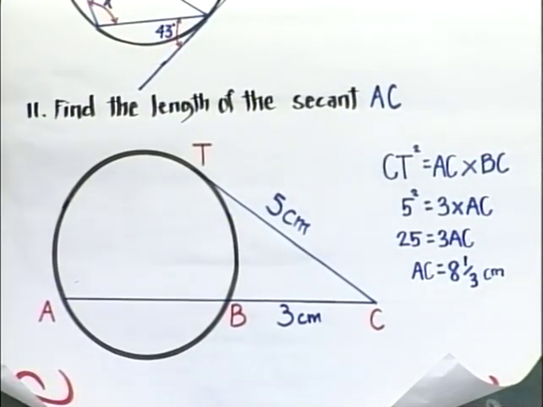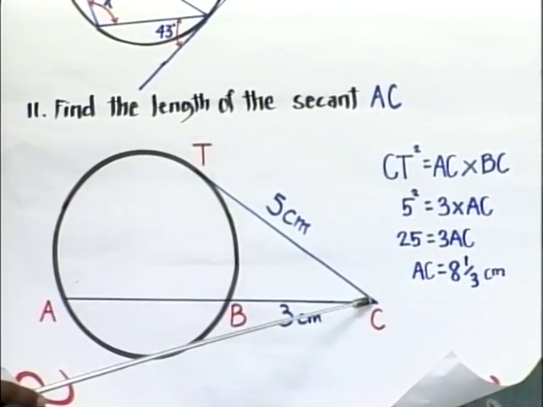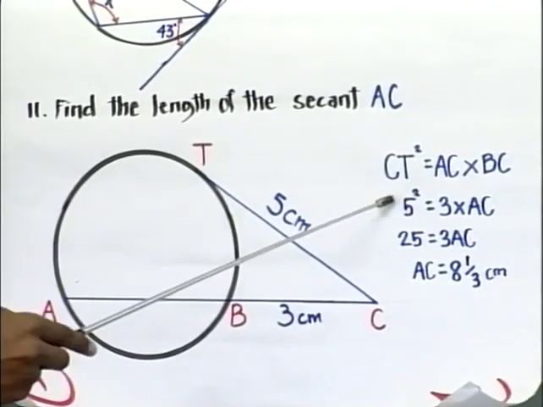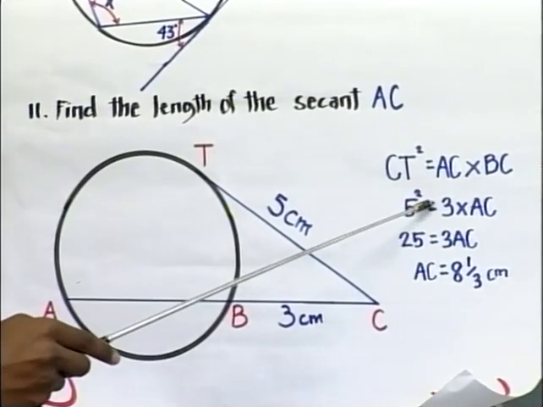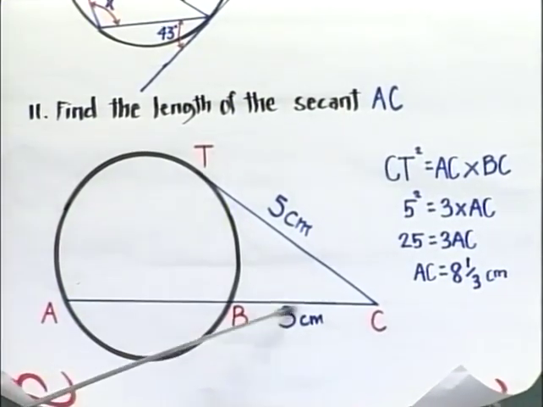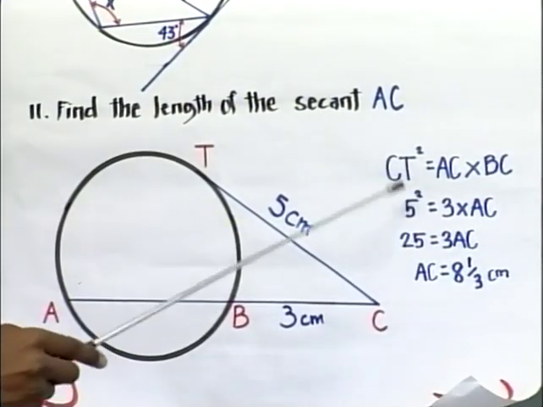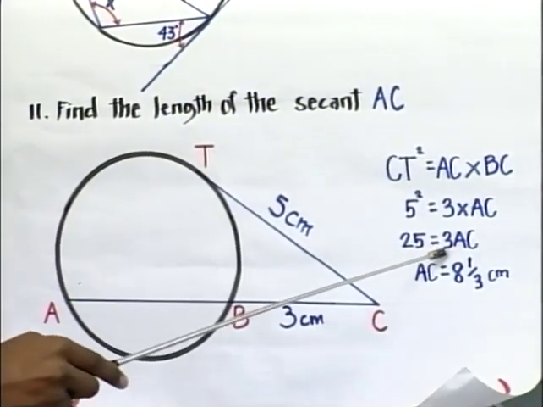So the property states that CT squared equals AC multiplied by BC. Therefore, CT is 5, so 5 squared equals 3 multiplied by AC. AC is unknown, so 5 squared equals 25 equals 3 AC.